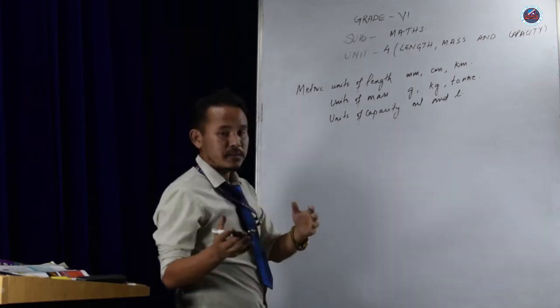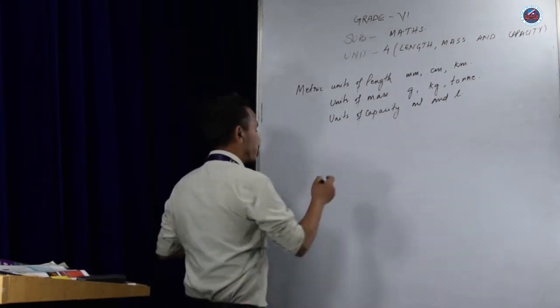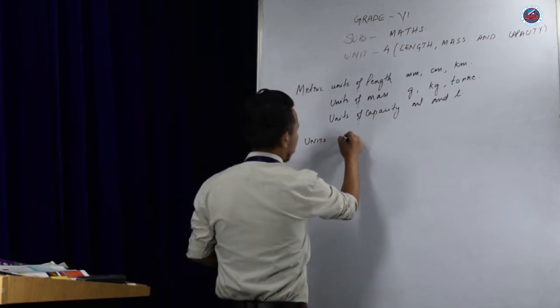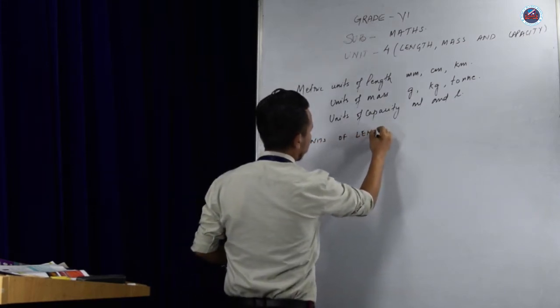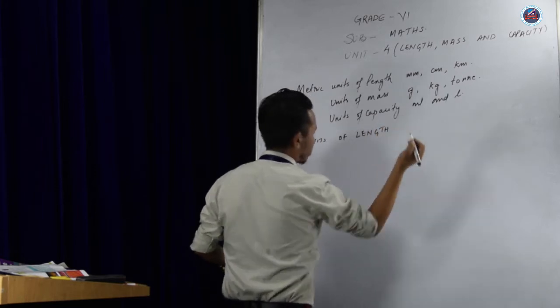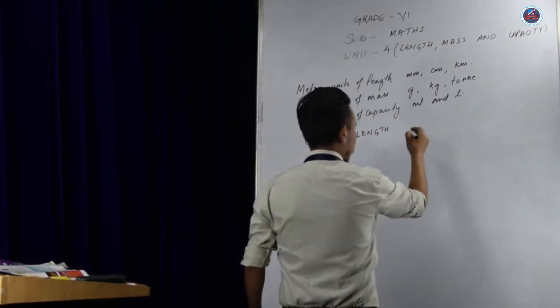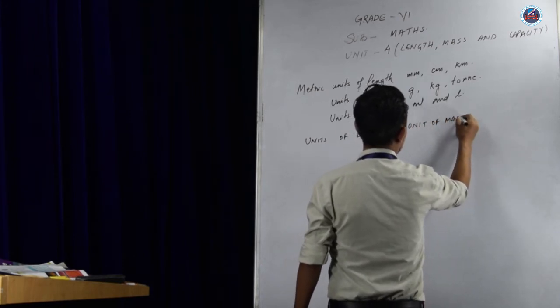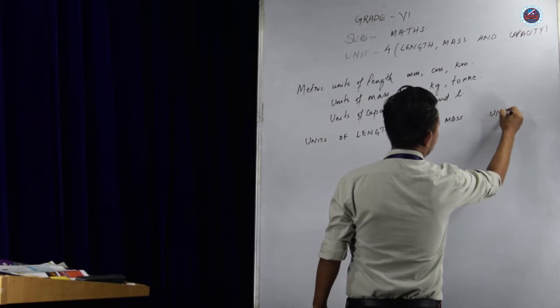But to make it more simple and easier to understand, let's make a division of length, unit of mass, and unit of capacity.